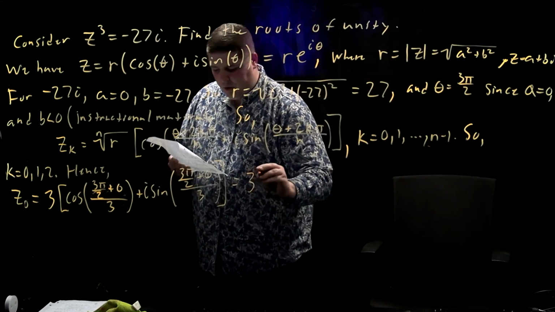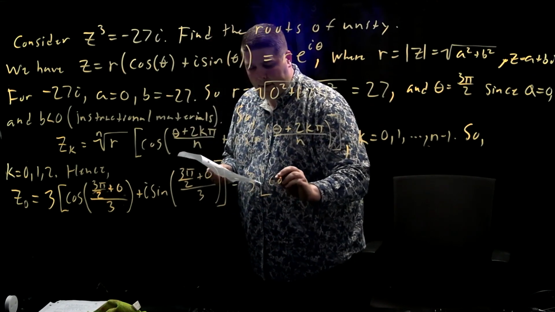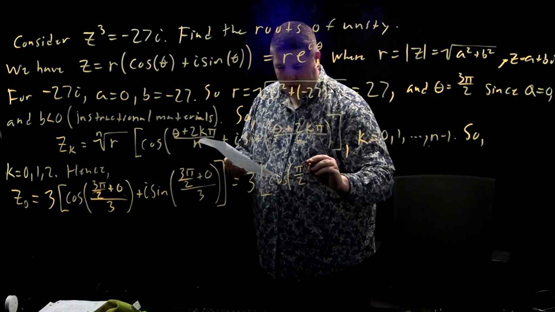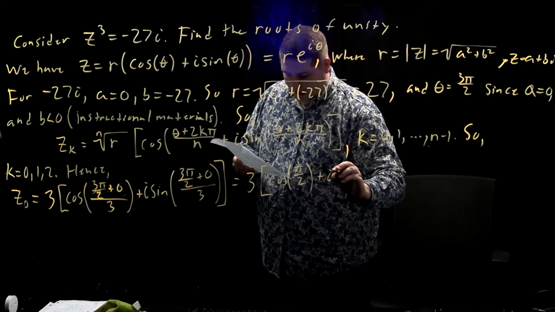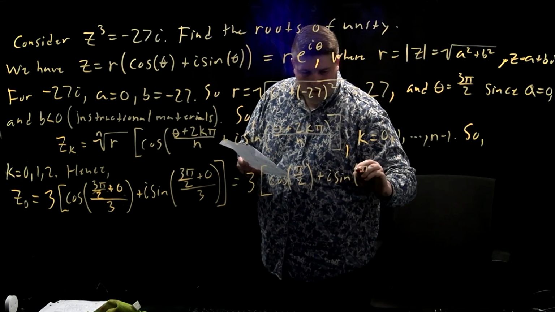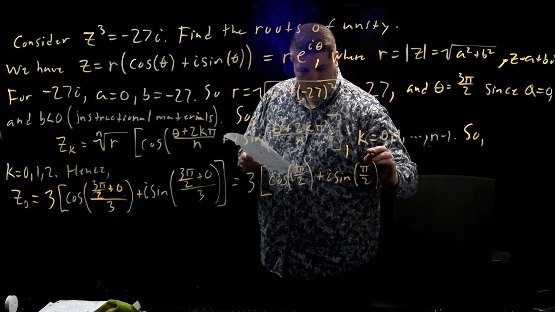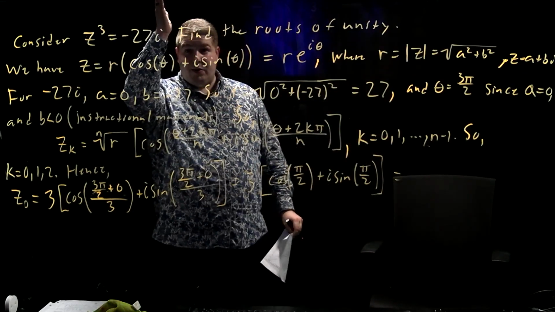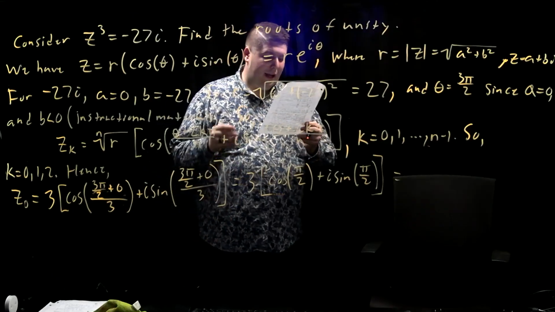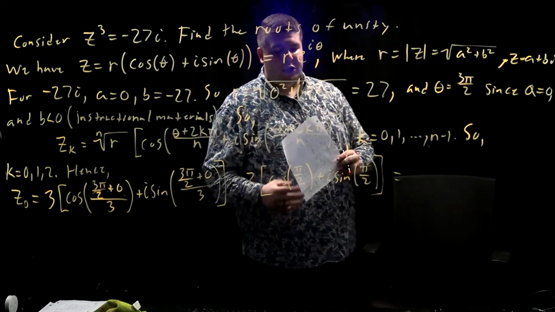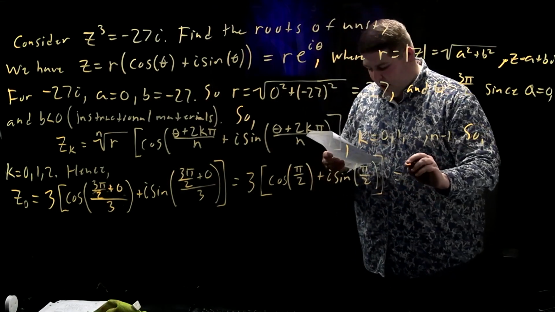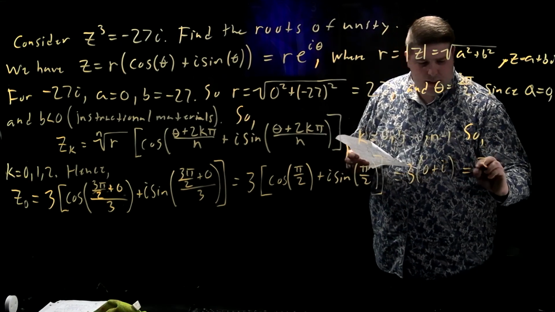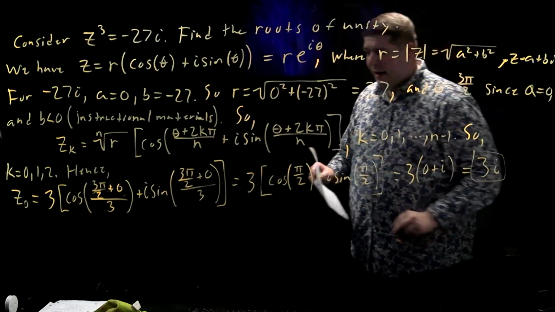Well, that is equal to 3 times the cosine of pi over 2 plus i times the sine of pi over 2. All right, do we remember trigonometry, right? The cosine of pi over 2 is 0, okay? And the sine of pi over 2 is 1. So this is 3 times 0 plus i, which is equal to 3i.